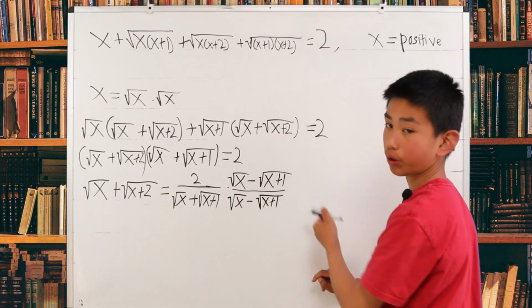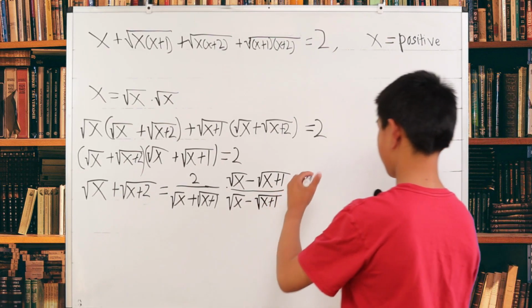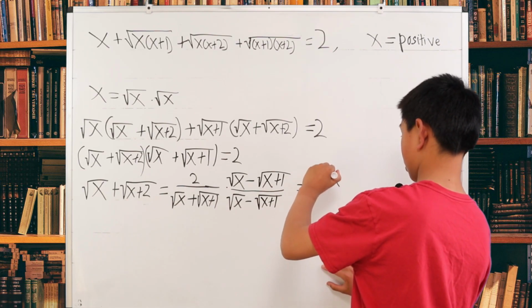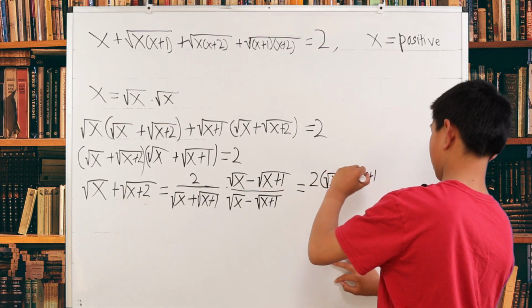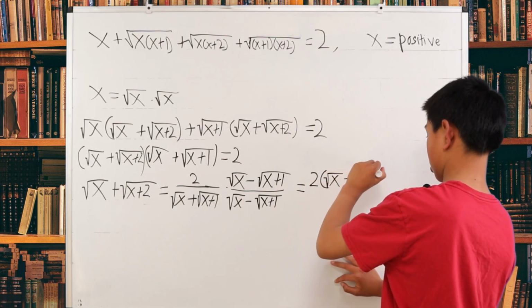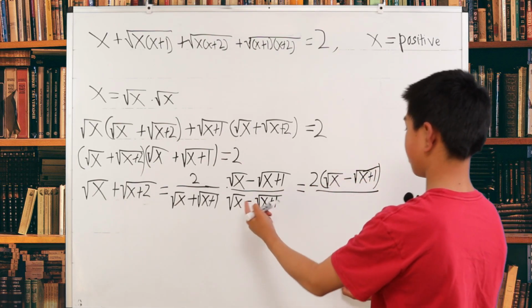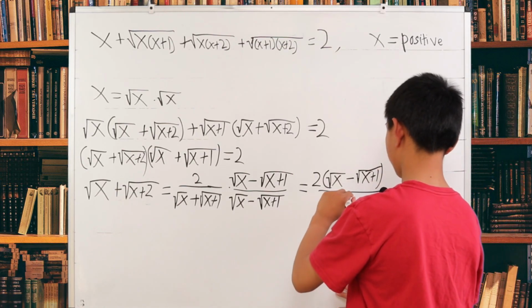This all comes down to 1, so it doesn't change the value. Now it is 2 times the square root of x minus the square root of x plus 1, over x minus x plus 1, or negative 1.